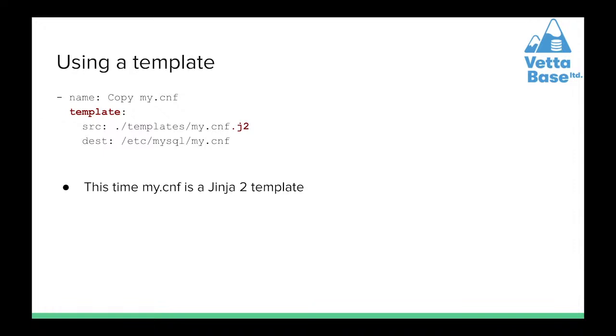Again, it's just a convention, and it means that the template is written in a template language called Jinja2. Well, it's called Jinja version 2. And the file, of course, must be uploaded to the remote server in /etc/mysql/my.cnf.